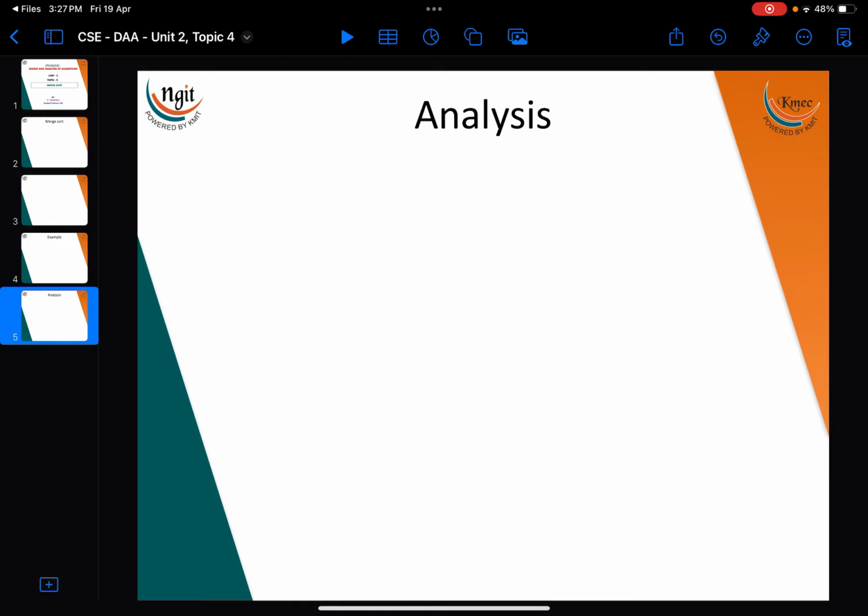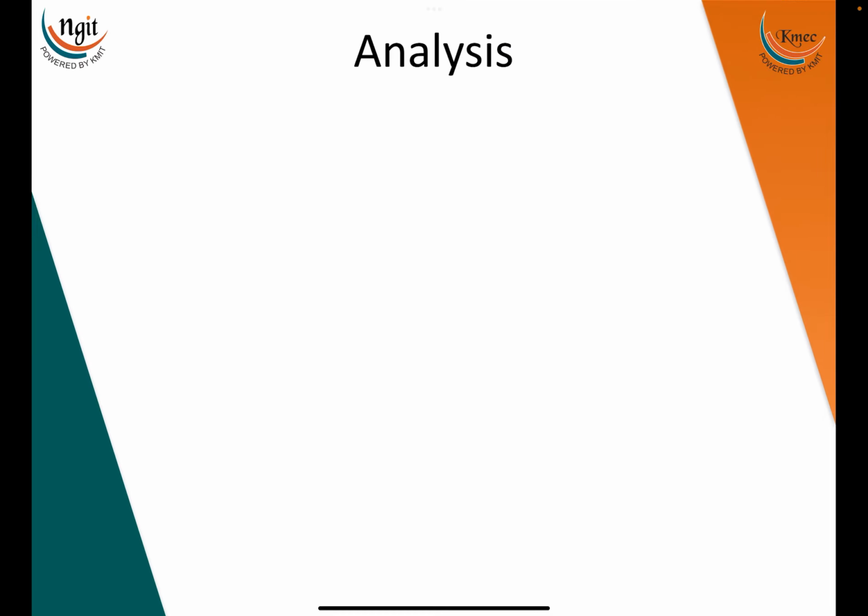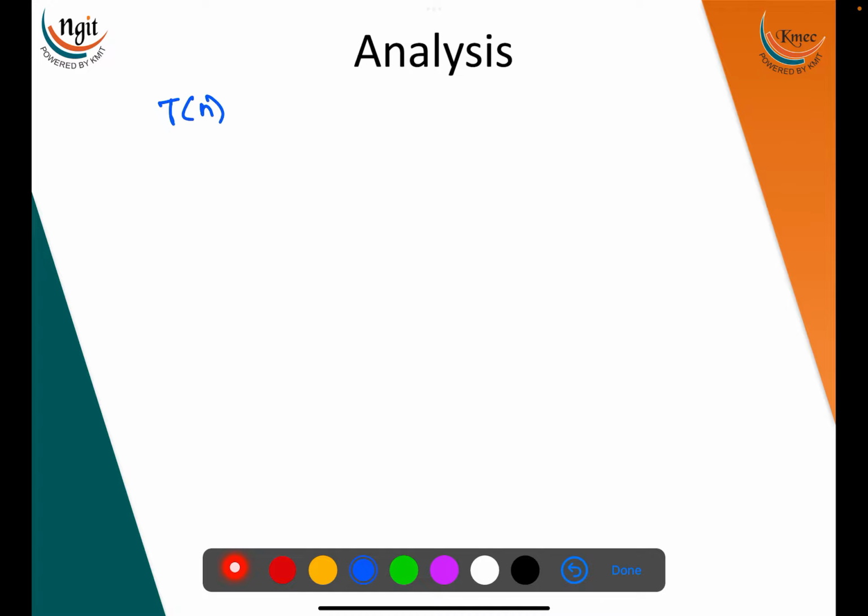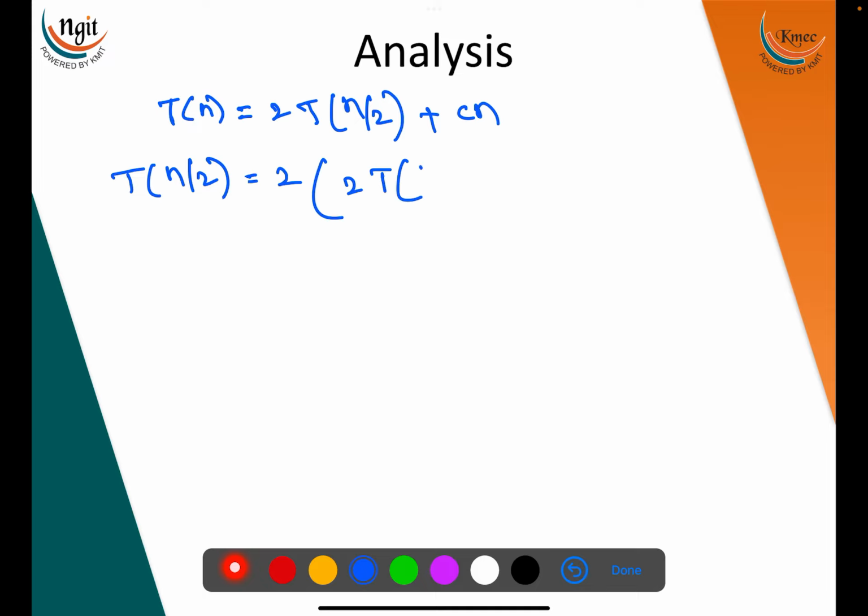Those substitutions are, now T of n is equal to 2T of n by 2 plus Cn. Now T of n by 2 is what? Apply in the place of n by 2: 2 into T of n by 4 plus Cn by 2, plus Cn. So we are substituting in the place of n.